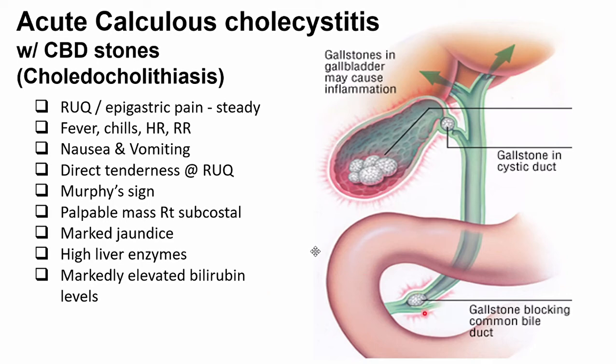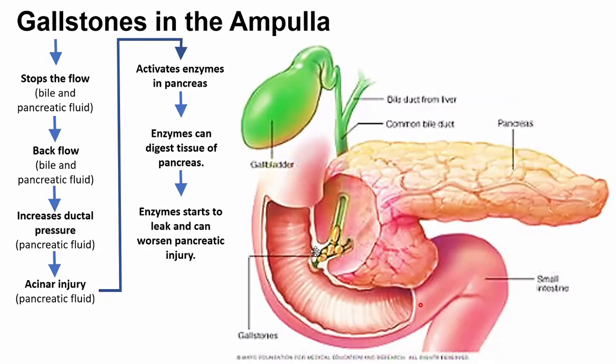So if the stone here is impacted in the ampulla, and even to the point of stopping the flow of pancreatic fluid. Tingnan natin na. When a gallstone stops the bile and pancreatic fluid, there will be backflow of bile going back to the liver, and pancreatic fluid going back to the pancreas.